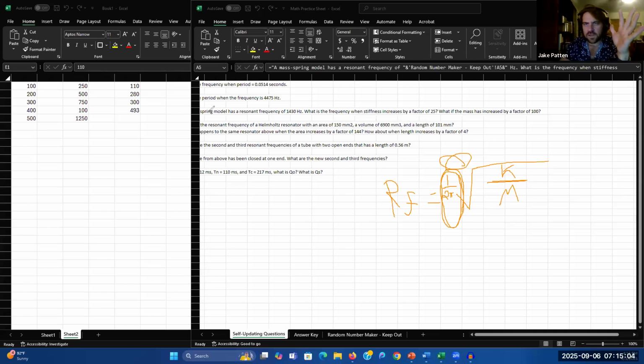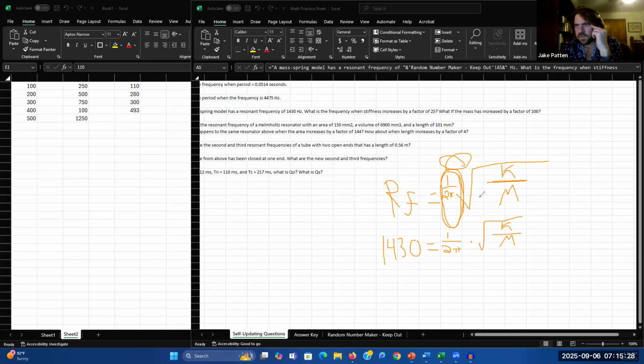A mass spring model has a resonant frequency of 1430, so in this case, we'll write down 1430. And then that equals all this, the 1 over 2 pi and the K over M.